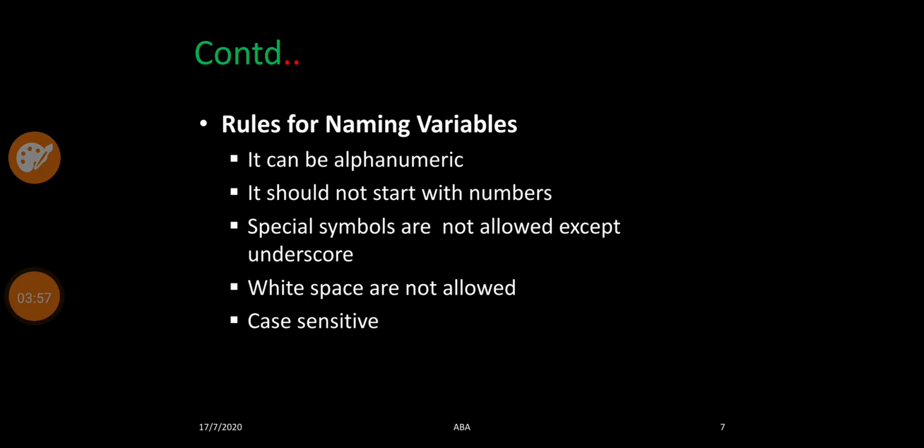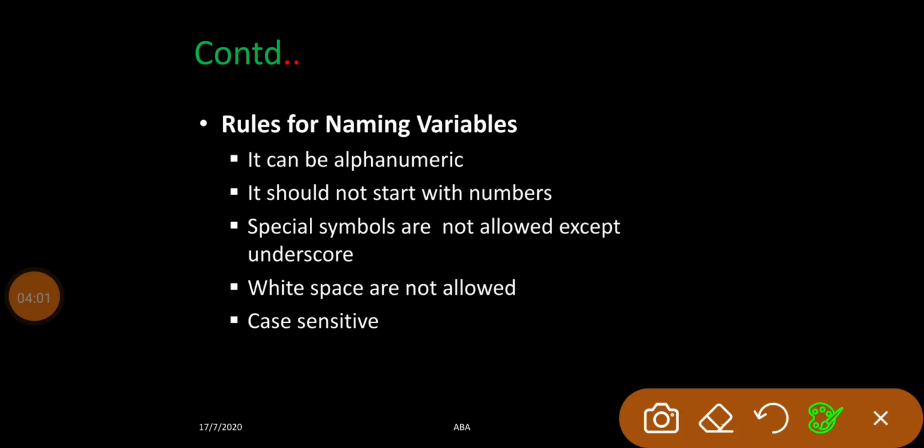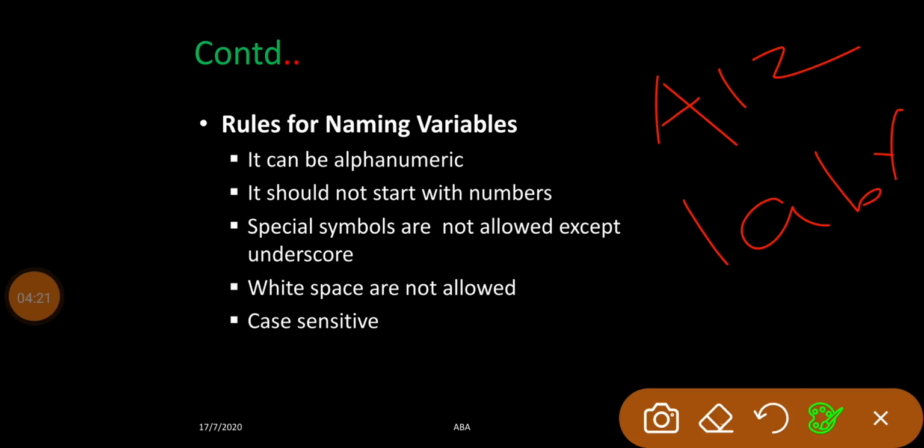Next, the rules for framing variables. The first rule is it can be alphanumeric. It should not start with numbers. Special symbols are not allowed except underscore. White space is not allowed. It is case sensitive. So it can be alphanumeric, for example A1, A2. It should not start with a number, like 1A; that is wrong.